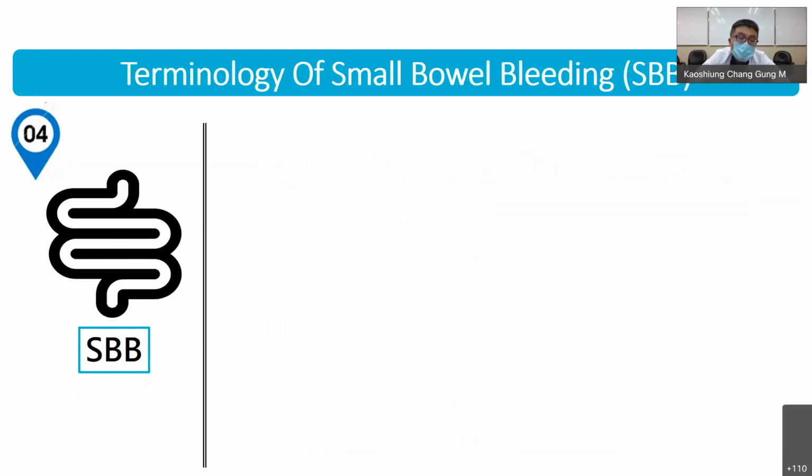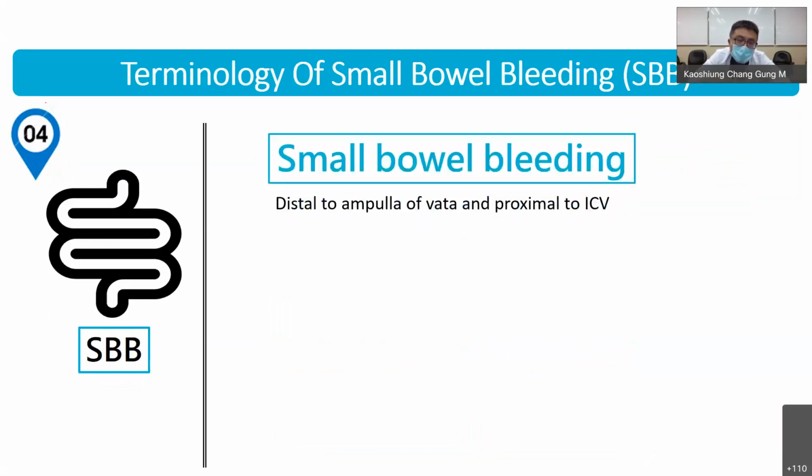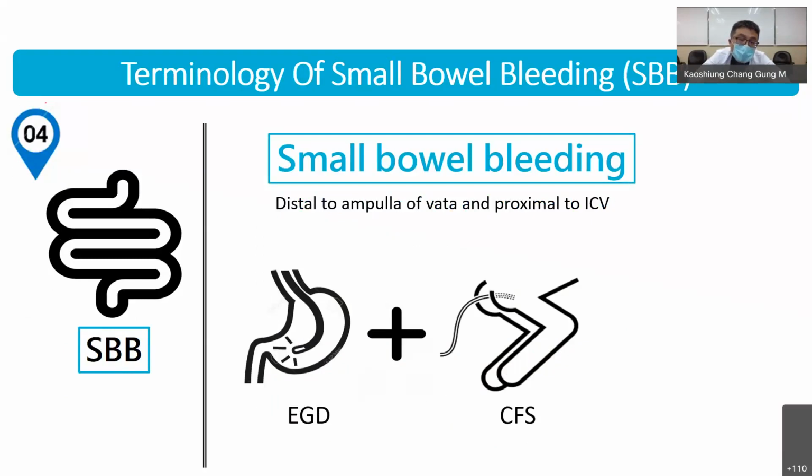Okay, next, the final topic for us is small bowel bleeding. Small bowel bleeding had many terminologies before, like obscure GI bleeding, because it's hard to find the bleeding. We know that the small bowel is as long as 6 meters, so it's hard to find.